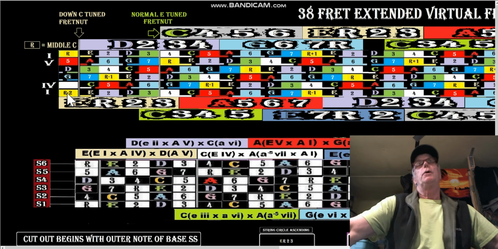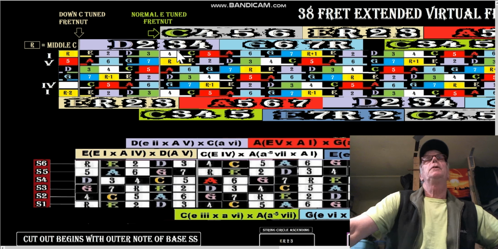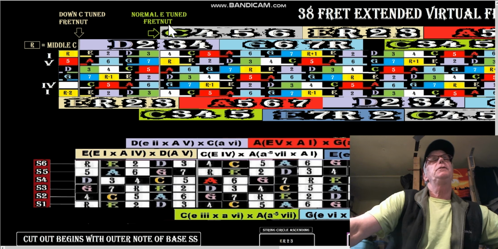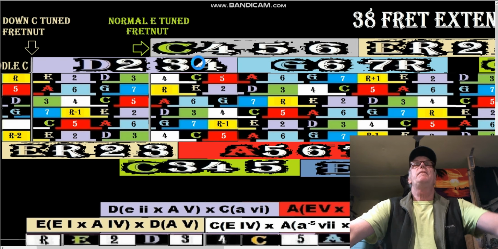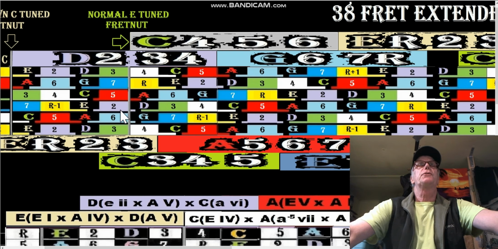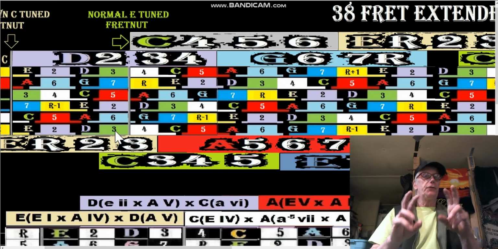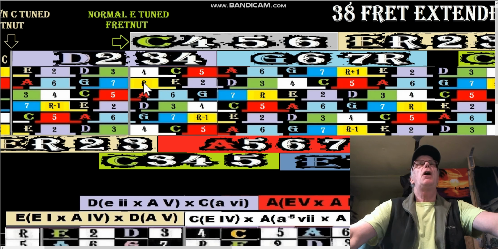These 2 fretboards are similar. The normal E-tuned fret nut is here, and that's where you're tuned. There's a 3 there because the numbers are in the key of C. So you'll see an R on this root, and this is middle C right here.